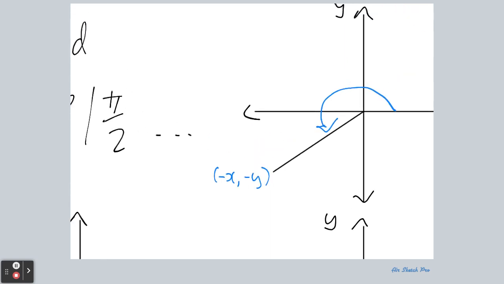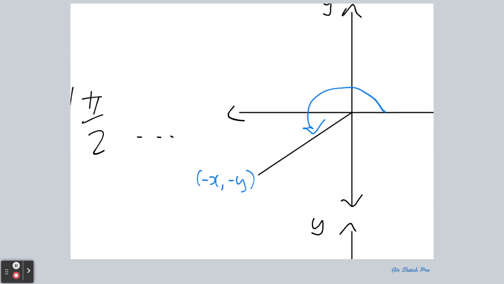Okay, so if this is theta, you'll get a hang of this. Honestly, you will eventually. This is your first grab at it, I suppose. If this big old angle is theta, this angle is theta hat. Theta hat, the reference angle, the base angle, is always between the x-axis and the unit line.